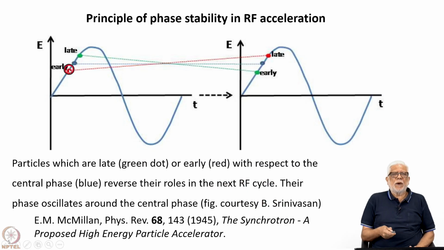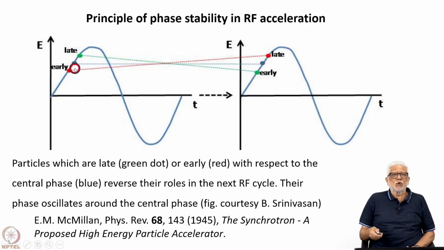So a particle that is arriving early is accelerated less, and then it arrives a little later. Similarly, a particle that arrives later is accelerated more, and it comes earlier. So this role is interchanged in subsequent cycles.